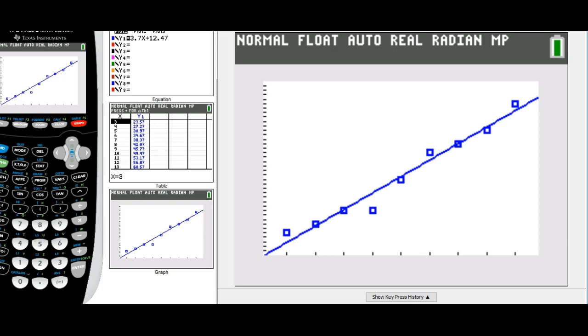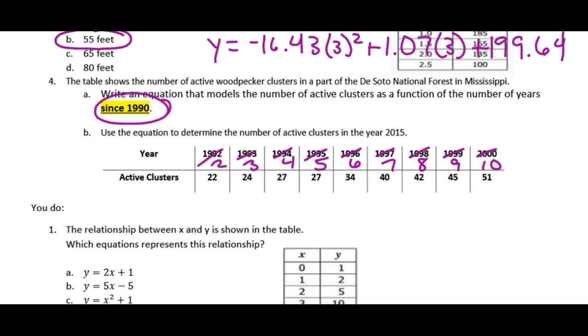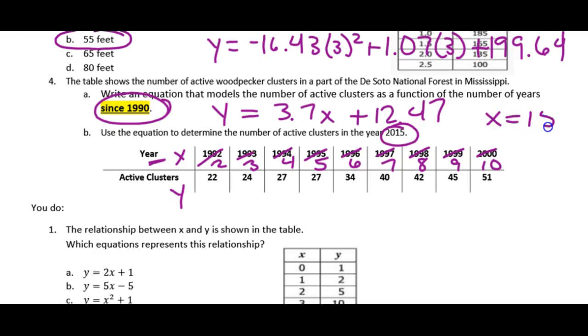And it says, use the equation to determine the number of active clusters since 2015. So our equation, y equals 3.7x plus 12.47. But we're trying to find, if we input year, that's an x, what is our y? Well, 2015 is x equals 15. So that's what we're putting into our equation. Y is equal to 3.7 times 15 plus 12.47.